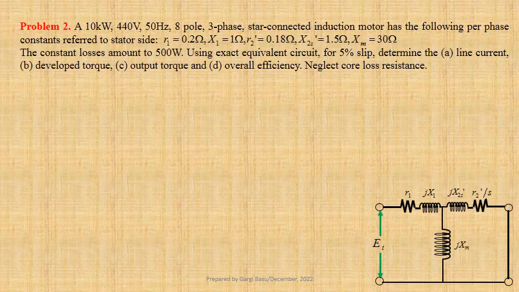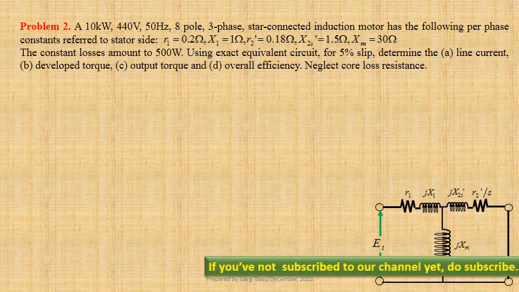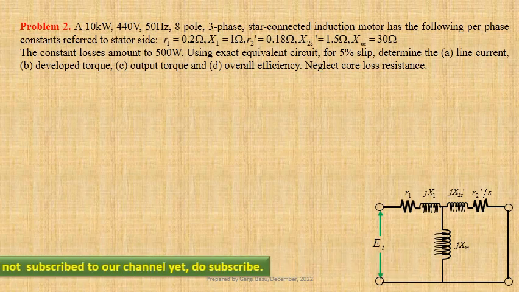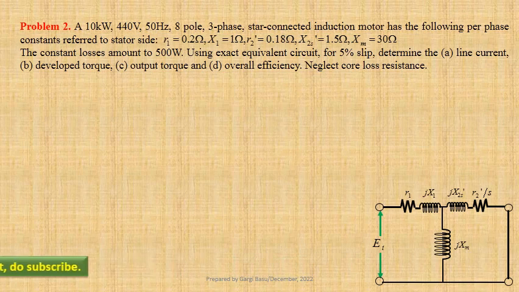A 10 kilowatt, 440 volt, 50 Hz, 8 pole 3-phase star-connected induction motor has the following per phase constants referred to stator side. R1 equals 0.2 ohm, X1 equals 1 ohm, R2' equals 0.18 ohm, X2S' equals 1.5 ohm, and Xm equals 30 ohm.